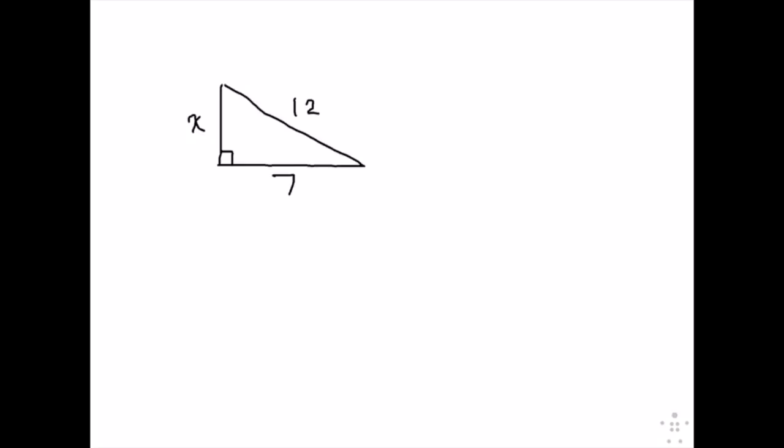Now, you might have to draw this triangle onto a figure and then find the missing side, but it's all going to boil down to you finding the missing side of a right triangle. So remember the relationship between the sides of a right triangle. We have a squared plus b squared equals c squared, and c squared is always the longest side, or the side opposite the right angle.